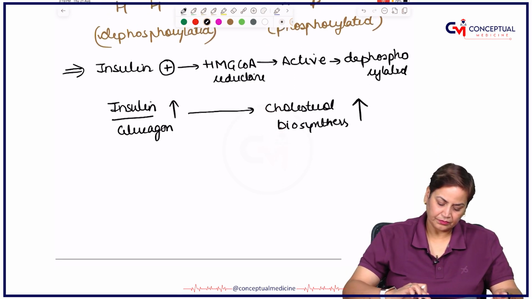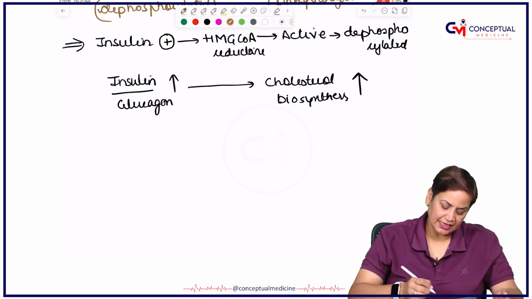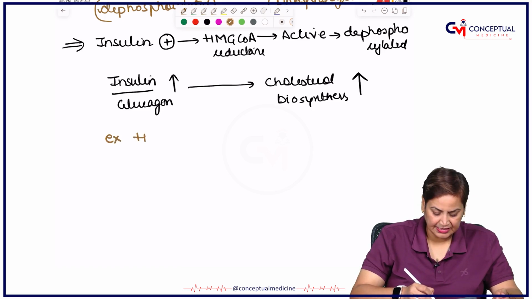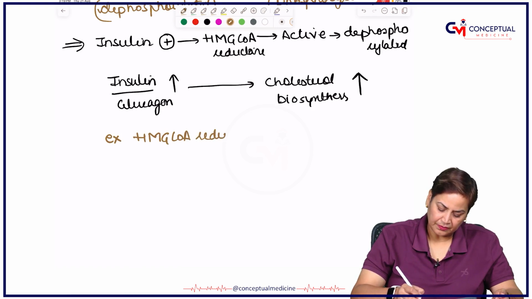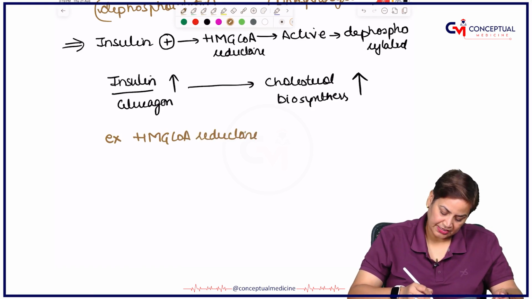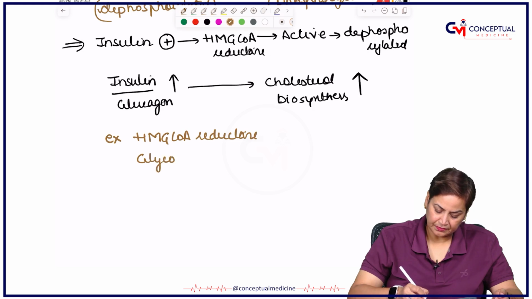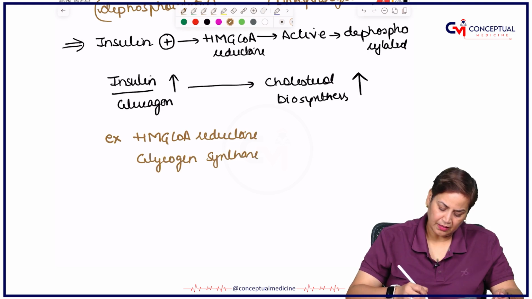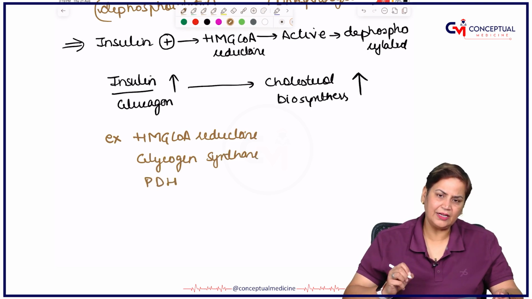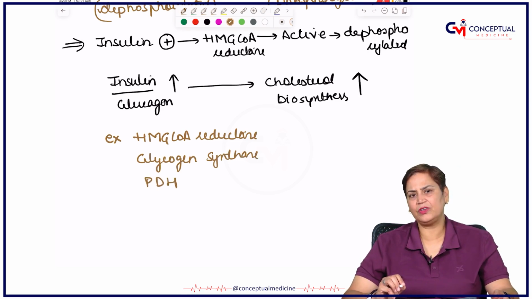Right? And if we talk about other enzymes also, for example, first is this HMG-CoA reductase, glycogen synthase, PDH, pyruvate dehydrogenase. These are the enzymes which we have studied.